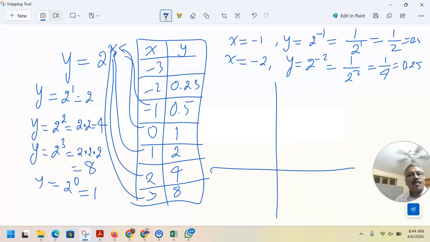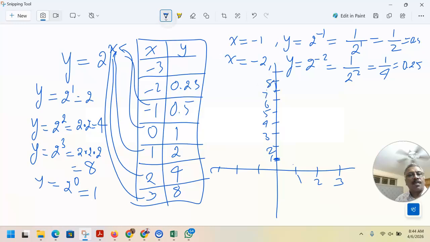Let me make 1, 2, and 3 on each side, and for the vertical axis I'll make a smaller scale: 1, 2, 3, 4, 5, 6, 7, 8. Okay.